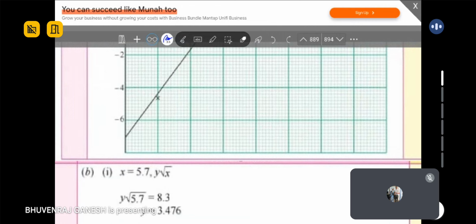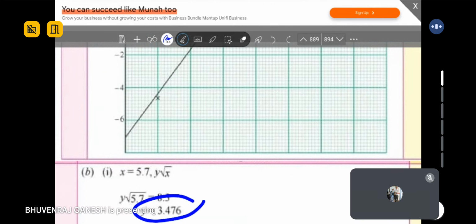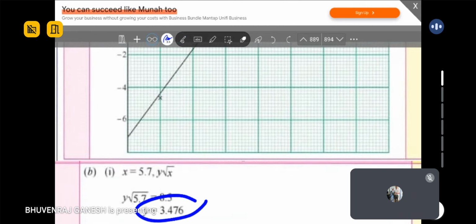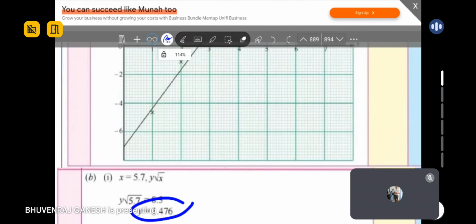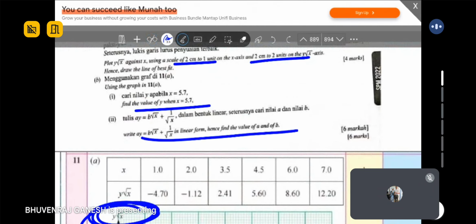Dan x sekarang saya adalah 5.7. Okay, so then you just press calculator, get your answer. Dapat jawapan. Boleh? Can, right? So you should get y equal to 3.476.